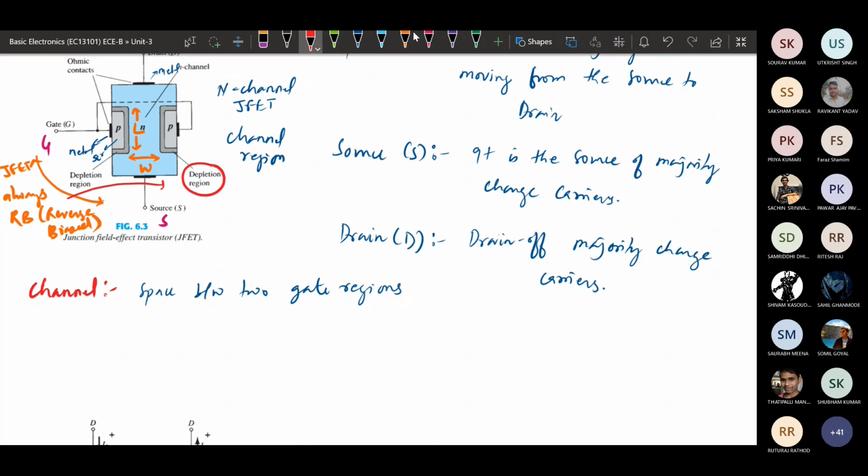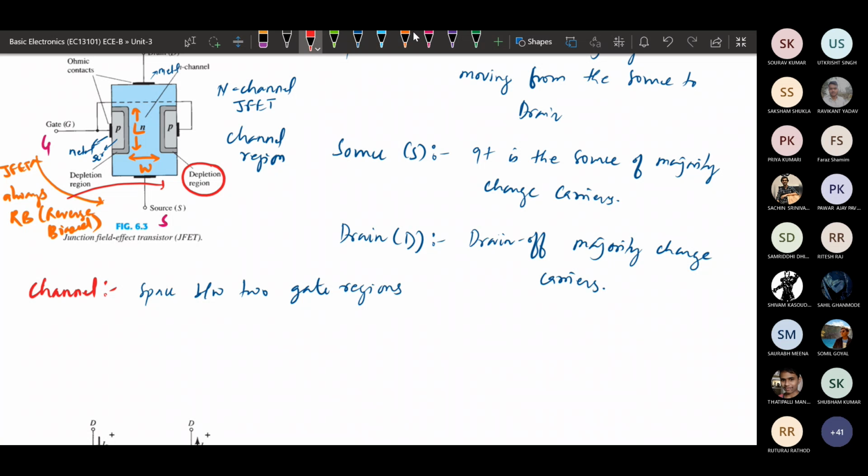This reverse bias value defines the depletion region. If we increase this gate to source voltage, the depletion region will increase. As the depletion region increases, the channel width reduces.